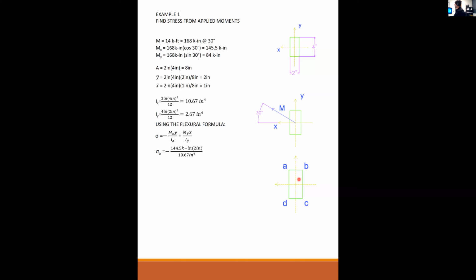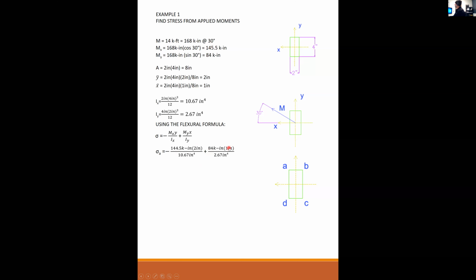And is it in the direction of y, or is it opposite to the direction of positive y? In this case, it is in the direction of positive y, so it's a positive 2 divided by the moment of inertia of x, about x. But that's the first term. The second term is a positive 84 My.